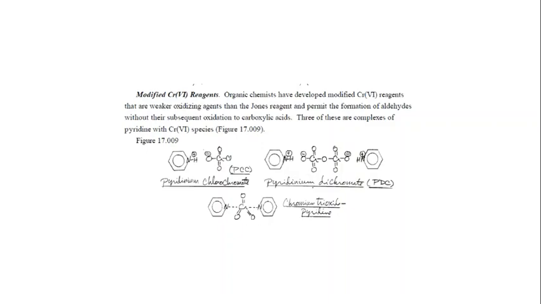This is how you can make this reagent, that is by reacting the chromium oxide with the pyridinium salt, protonated pyridinium, where only the pyridine is then attached to the 2 oxides, making this complex formation on either side.